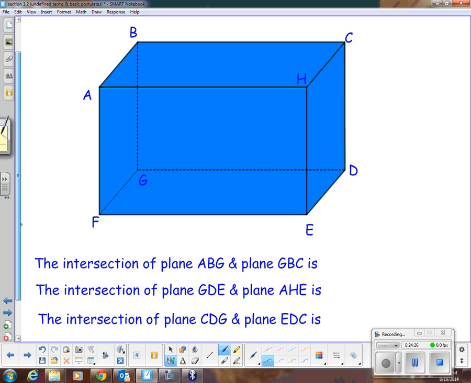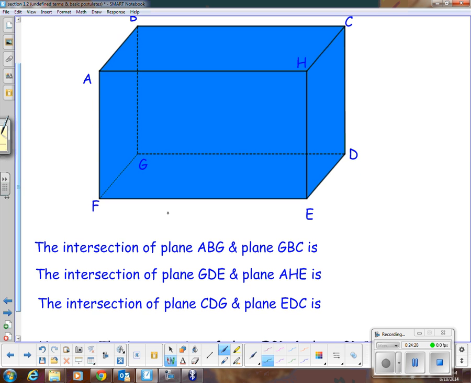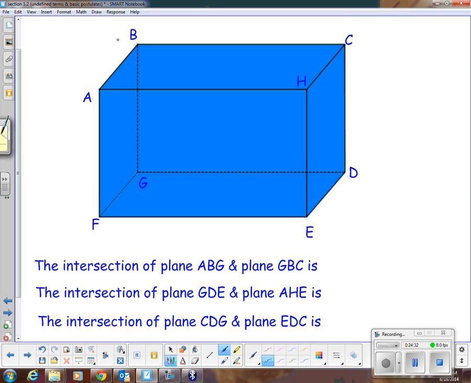Now, the intersection of plane ABG. What is ABG? ABG is the left side. GBC is the back. Where does the left and the back intersect? I do believe it would be line BG, or you could say GB, because when a line goes in both directions, letter order is not important.